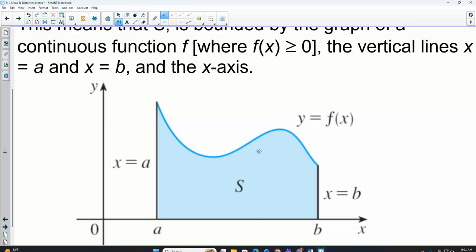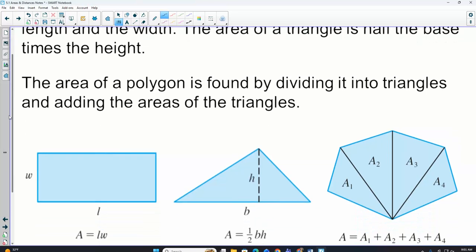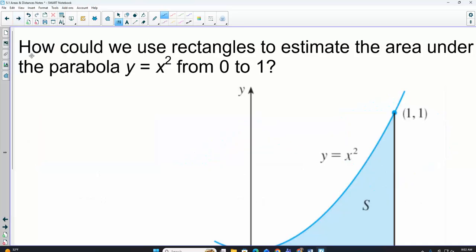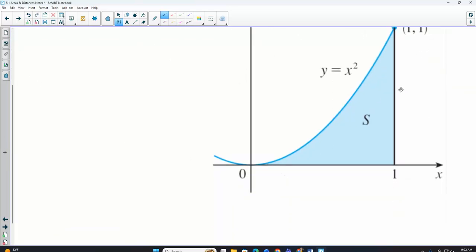Now, if it's a nice shape, like a rectangle, we can find it. Even more awkward shapes, if we can break them into triangles and rectangles, it's easy to find the area. But if I just have a curve like x squared, and I want to find the area between the x-axis and x squared on the interval 0 to 1, I can't really break this into nice shapes.